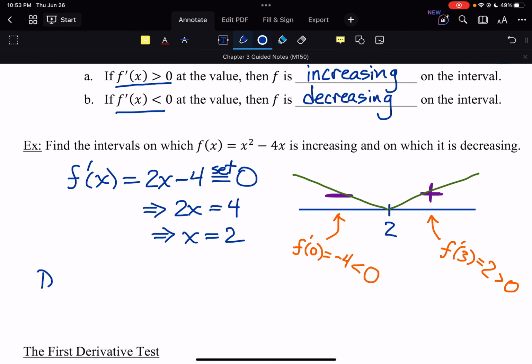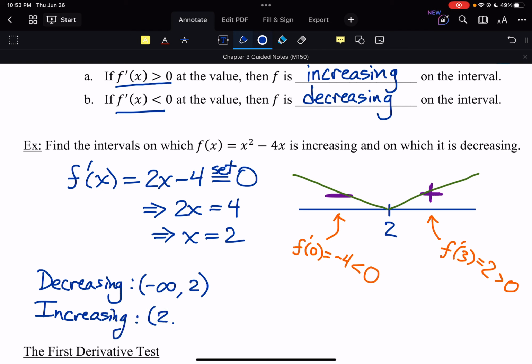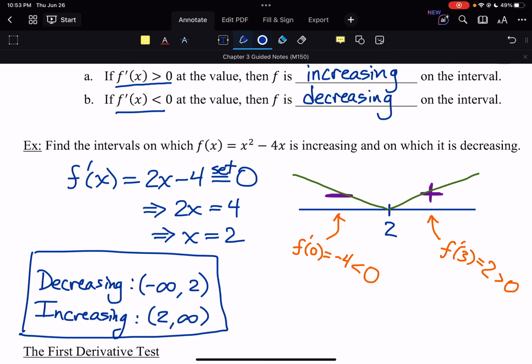So we have decreasing from negative infinity to 2 and increasing from 2 to infinity. I didn't include 2 in either of those intervals because technically at 2, the graph is perfectly horizontal. It's perfectly flat. So we don't include it because it's neither increasing nor decreasing at that point.